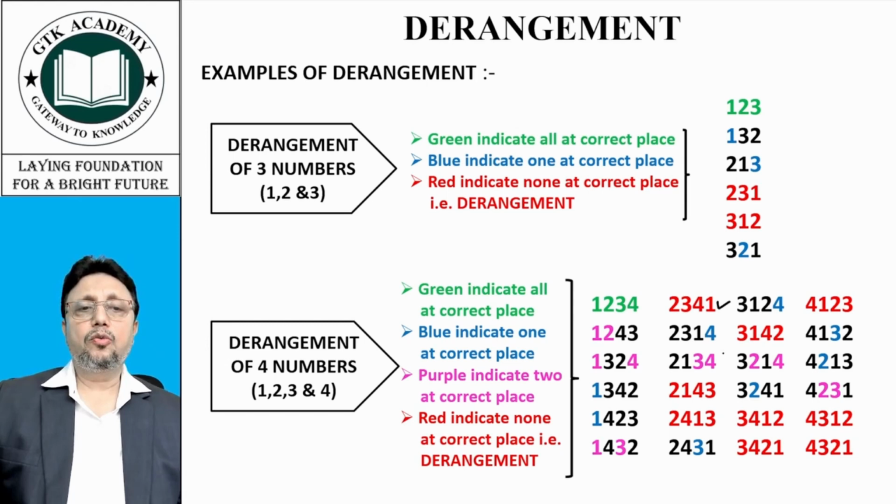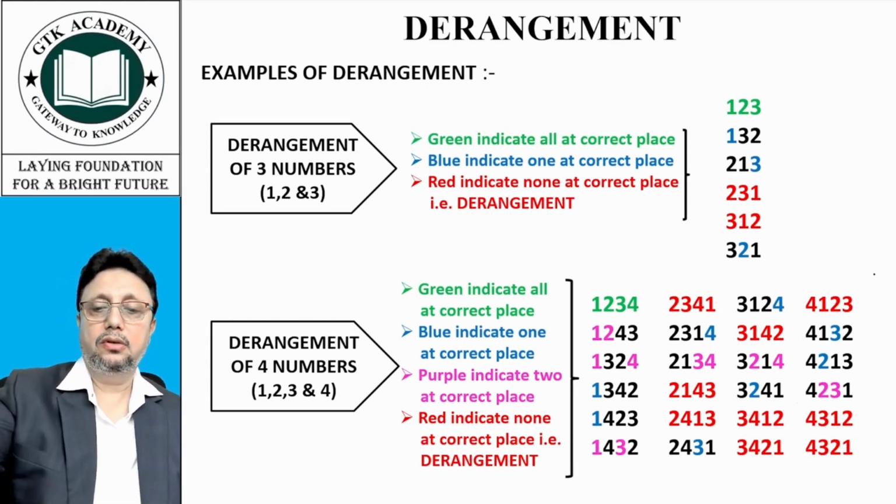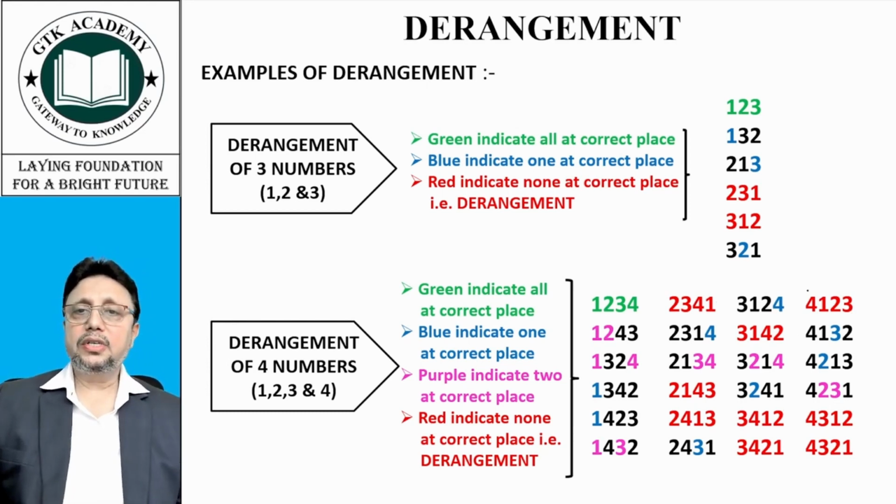They are marked in red. 1, 2, 3, 4, 5, 6, 7, 8, 9. So out of 24, you have 9 derangements. I hope now it is clear as to what we mean by derangement.